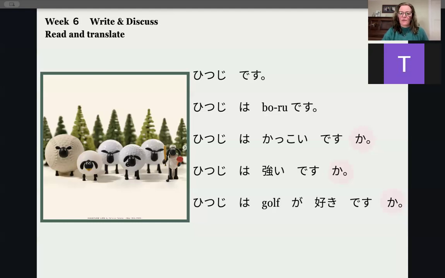Some great feedback from the teacher regarding ka. You'd think that this was such an easy thing for kids to pick up, that ka makes it a question. And we found out in the first couple of weeks that they were still not too sure that the ka made a question.